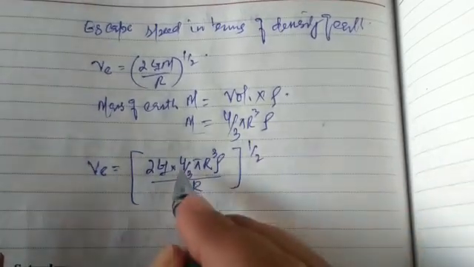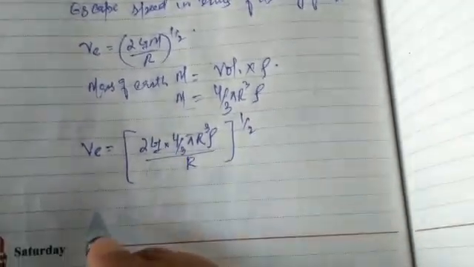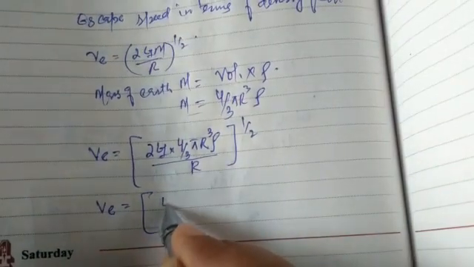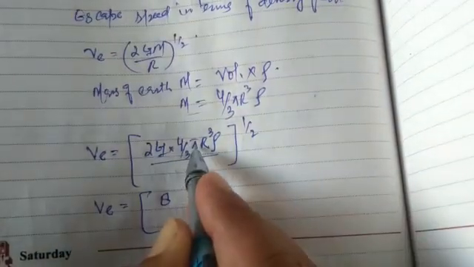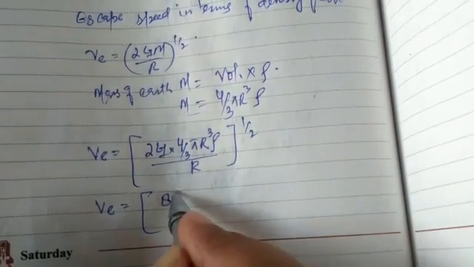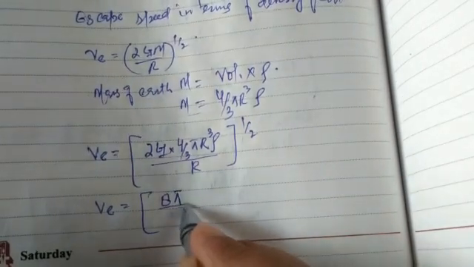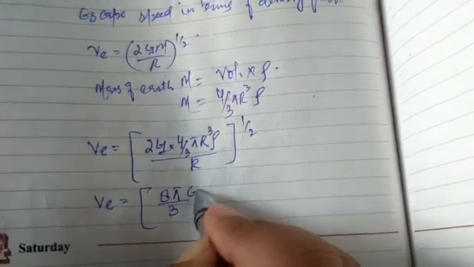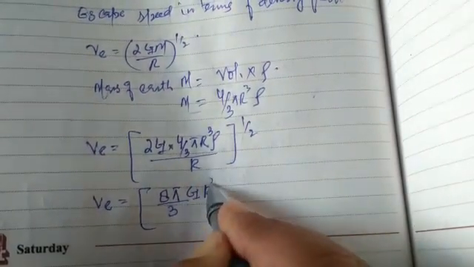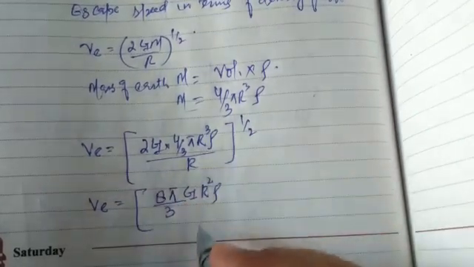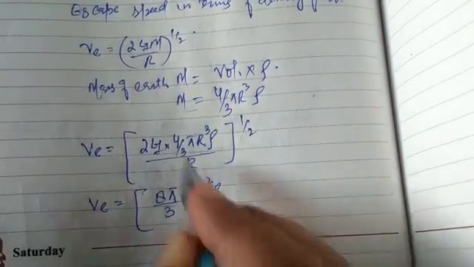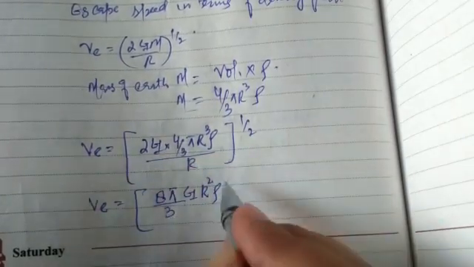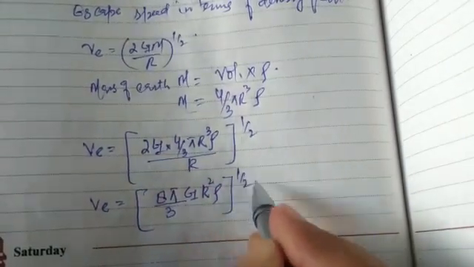It will be 4 twos 8, so VE equals, within the brackets, 8 pi over 3, because that comes to the denominator, then G r square rho, because one r has left. G is here, r square is here, rho is here, 8 pi in the numerator and 3 in the denominator, raised to power 1/2.